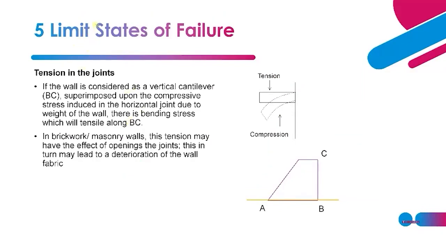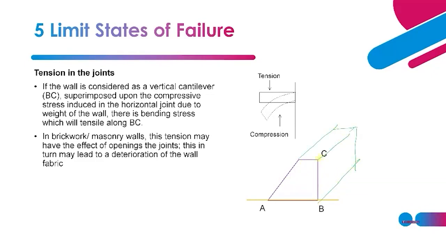Next is tension in a joint. If the wall is considered as a vertical cantilever. Okay, so you look at gambar kat bawah ni. Wall is considered as vertical cantilever BC, superimposed upon the compressive stress induced in the horizontal joint. So horizontal meaning paling panjang lah arah sana kan. Tak kisahlah berapa panjang dia.